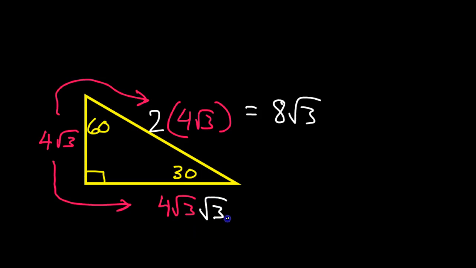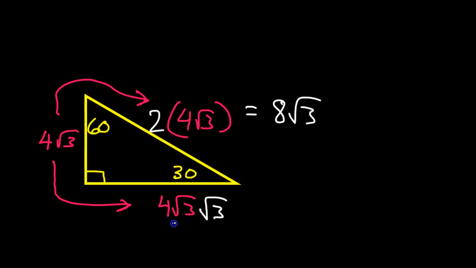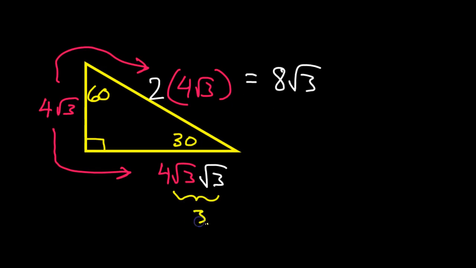So it's just a matter of what is this? Well, hopefully you remember from a long time ago that radical 3 times radical 3 is just 3. I mean, that's true for any radical. You know, radical 5 times radical 5 is just 5. It makes sense because radical 3 times radical 3 is radical 9.